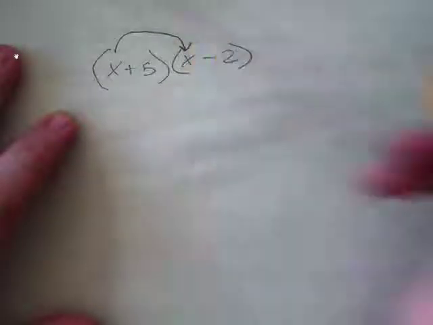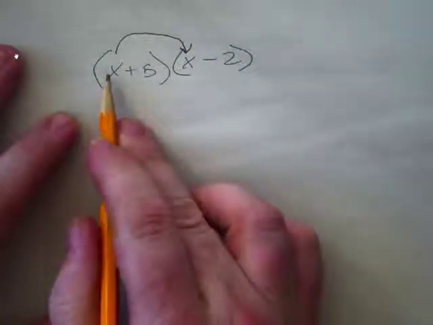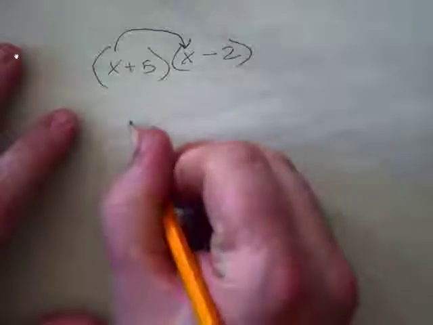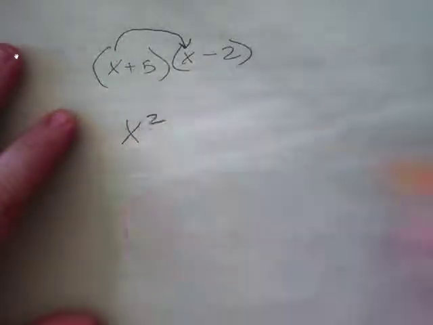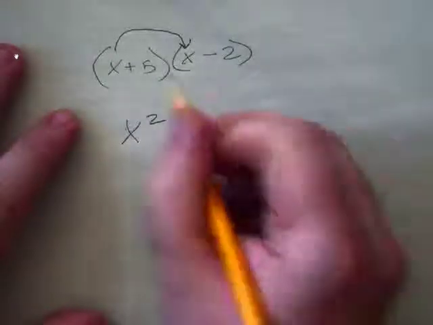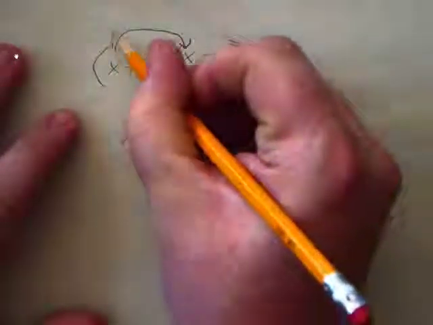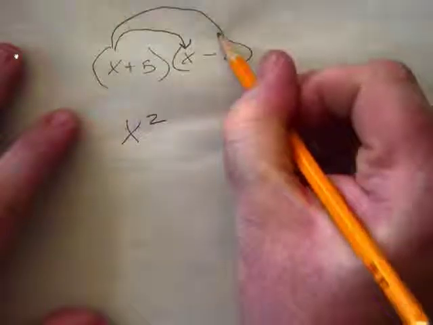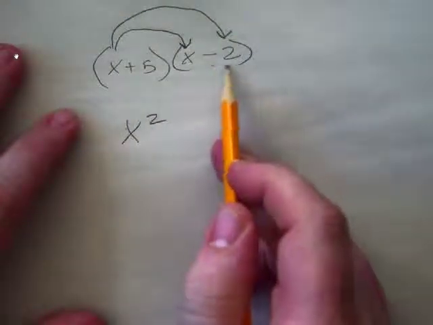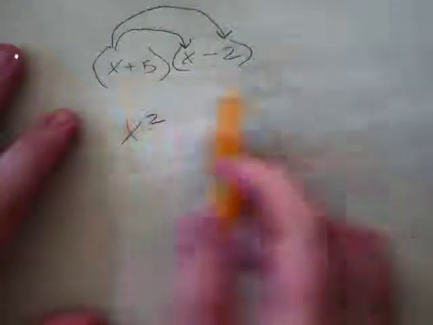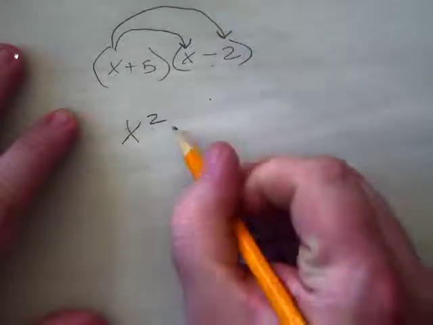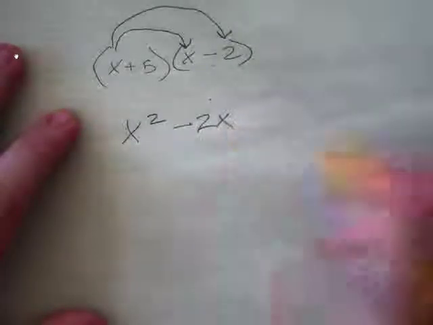There's an x here and an x here, and those you multiply together first, and you get x squared. The next one are outside numbers. So outside would be the x and the negative 2. Those are the outside of the two. And so I would have minus 2x.